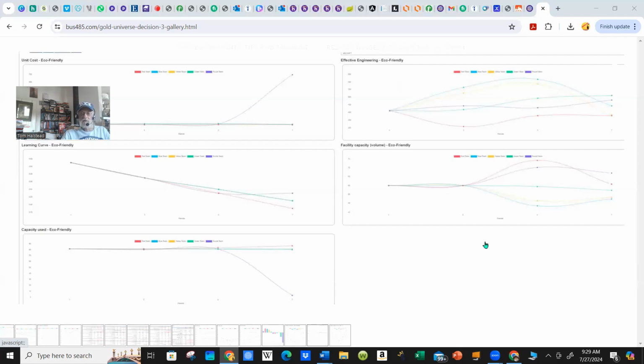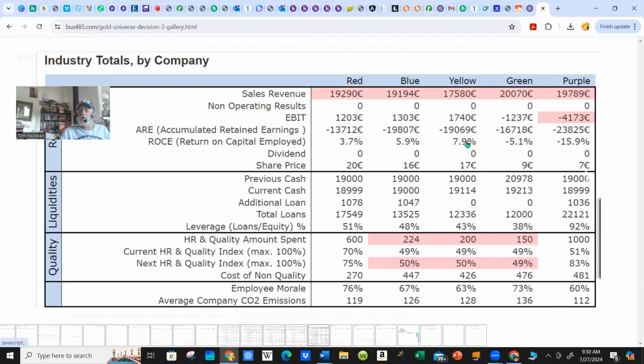So when you look at the financials for this period, Team Yellow is 7.9, Blue is 5.9, Red's 3.7. So those are our three center ROSes. Green is having an issue here, and we can see what happened with Green in eco.